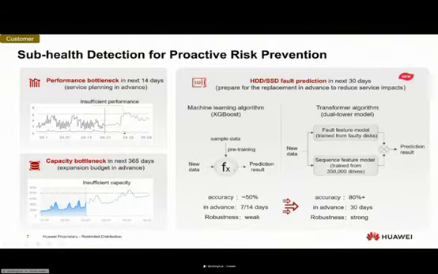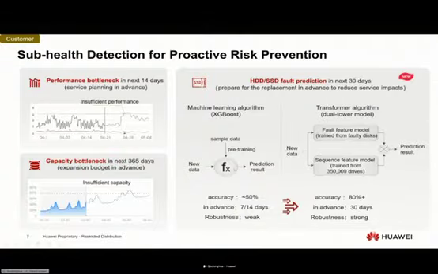And this year, we upgraded the HDD and SSD predictions. In the traditional way, we used a machine learning algorithm, pre-trained from sample data, and when we input new data, we can predict the result. This year, we upgraded to a transformer algorithm.